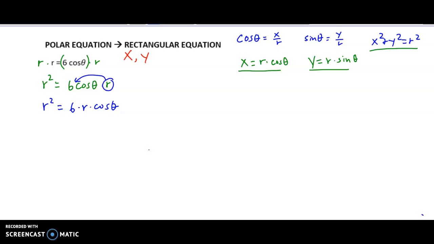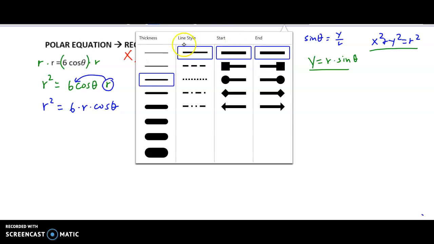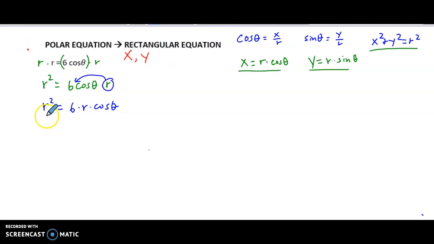And the reason I did that is because now, look, we know r squared is x squared plus y squared, and r cosine theta is equal to x. So that's 6 times x.